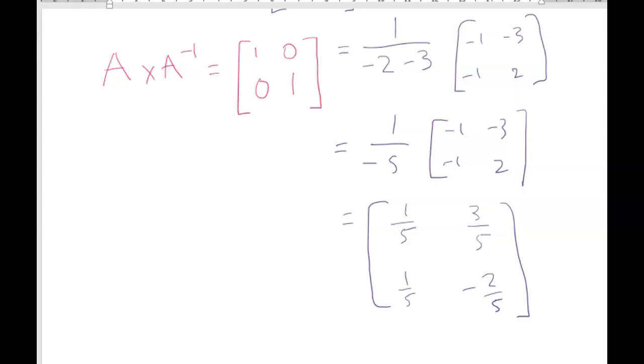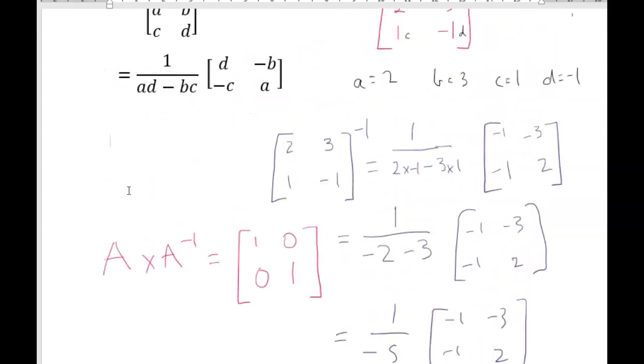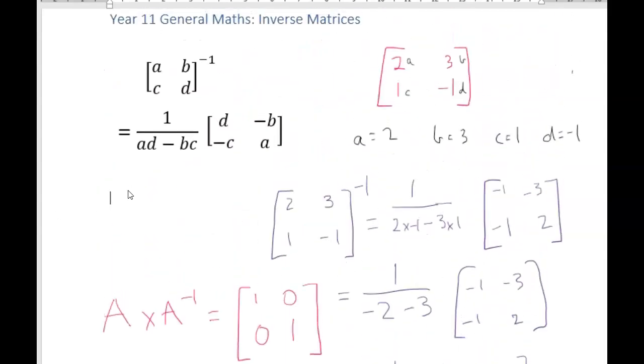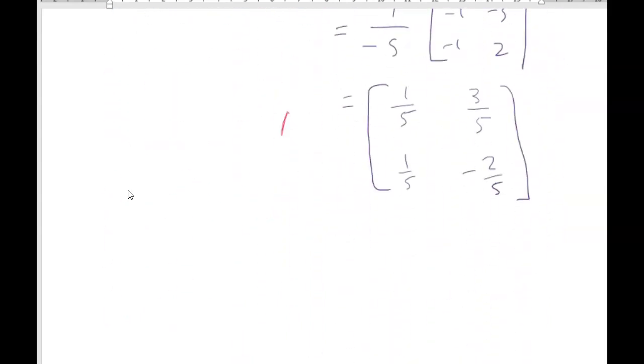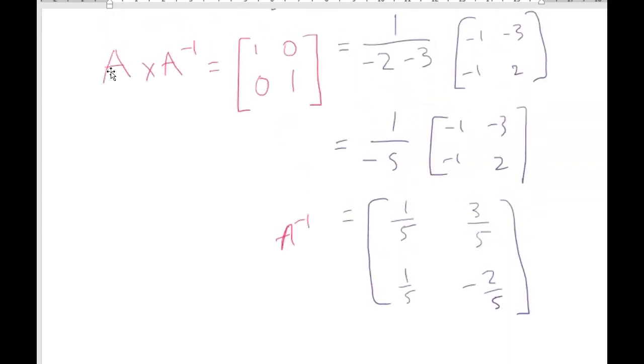So matrix A, which if I just scroll up, can be this matrix here. And then its inverse is here. So if I did matrix A times its inverse, this is the matrix I will get.